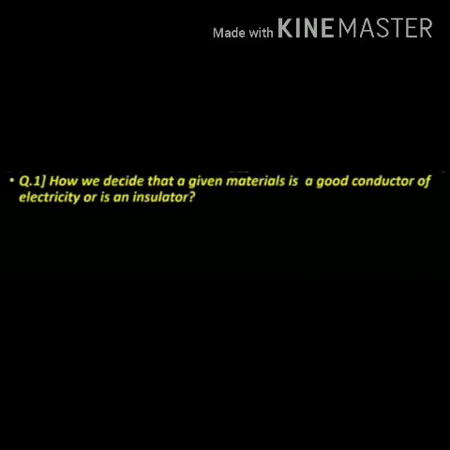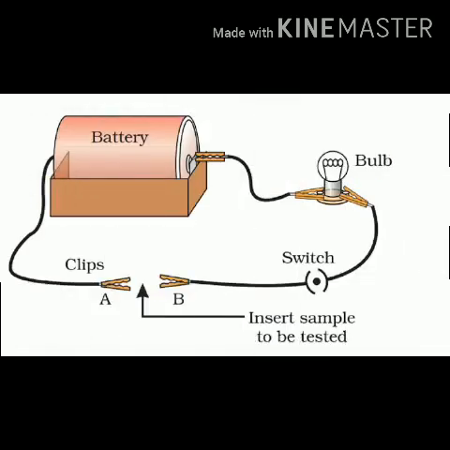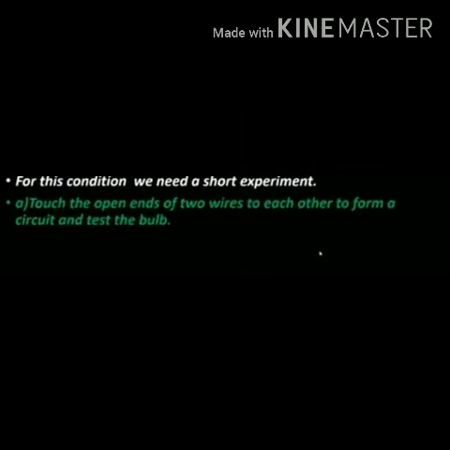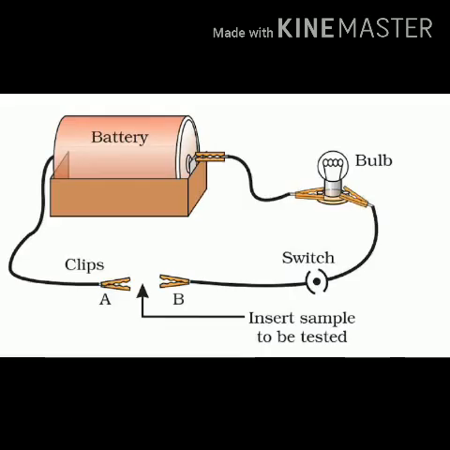But how do we decide whether the material is a good conductor or bad conductor? Let's recall the experiment which you performed in the previous class. Touch the open ends of two wires to each other to form a circuit and test the bulb.